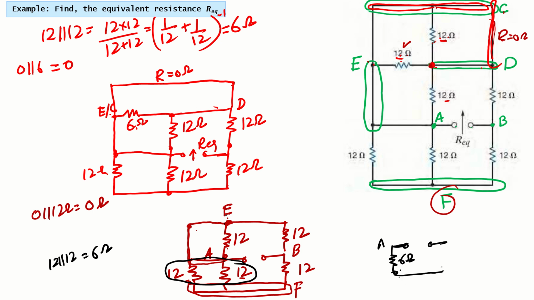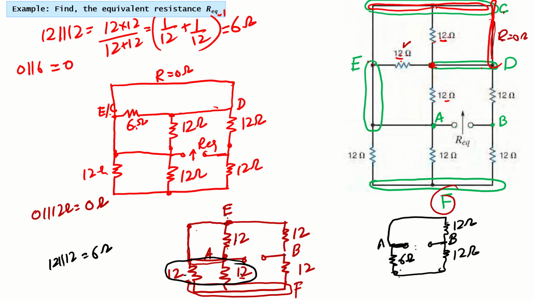And then on the other end here, what we have? We have a 12 ohm, and on top we also have this 12 ohm. This 12 ohm is connected between point B and our point A, right? So in our circuit this 12 and 0 become short, a simple short, and then we have 12 and 6 here.